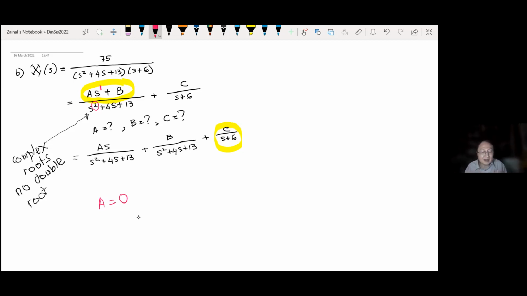But for general case, you have to assume that the order of the numerator is less than the order of the denominator, because this one is order 2, this one is order 1. Any question? So because this one is order 1, then the numerator is order 0.